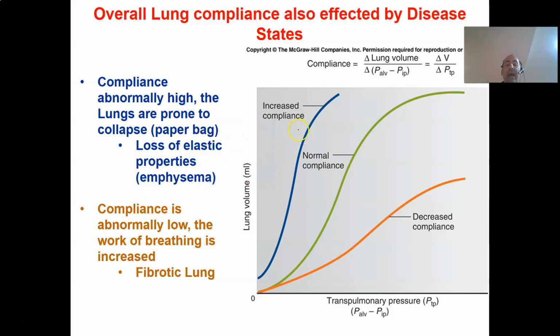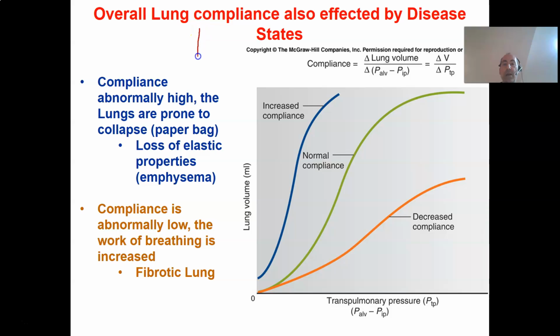So what ends up happening in emphysema is that due to lots of different reasons, primarily smoking, or being around lots of harsh breathing environments, the lung tissue starts to break down.